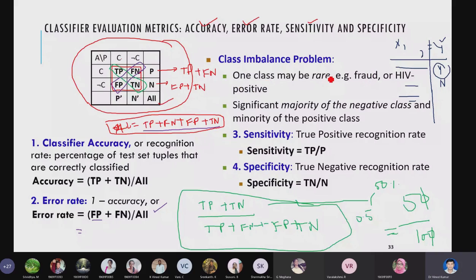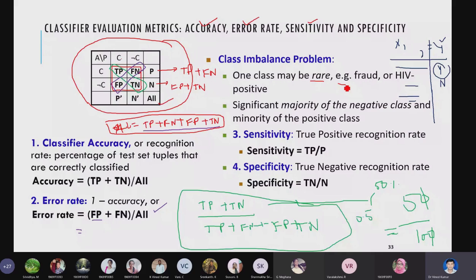Okay, so one class may be rare. Rare means very few examples are there for them. Take fraud, for example. Suppose in the bank various transactions are happening every day, but fraud will be very less. The legitimate transactions will be very high, but frauds generally happen rarely. So if we collect the training data sets for detection of fraud and true transactions, the imbalance will be very high.